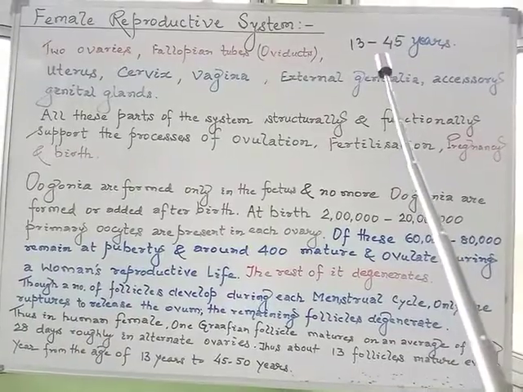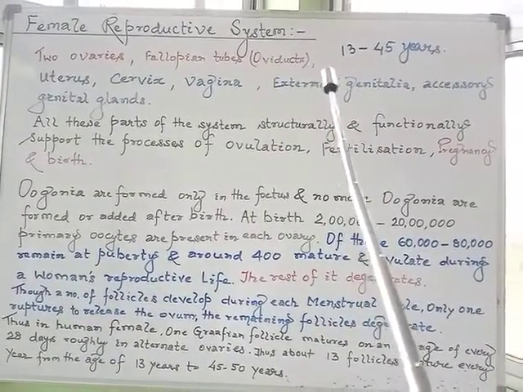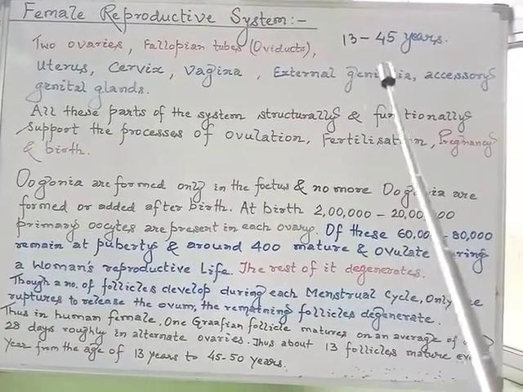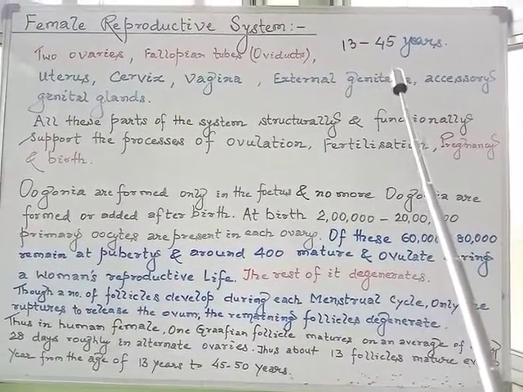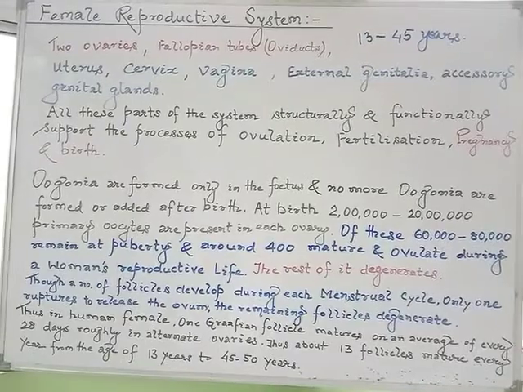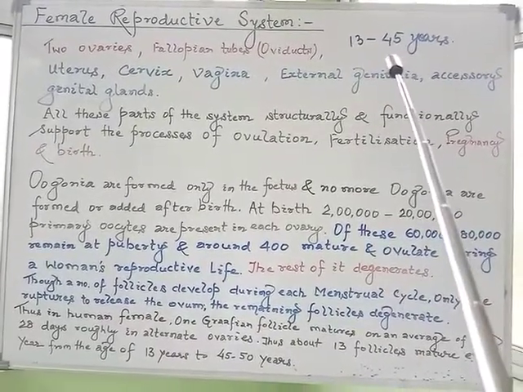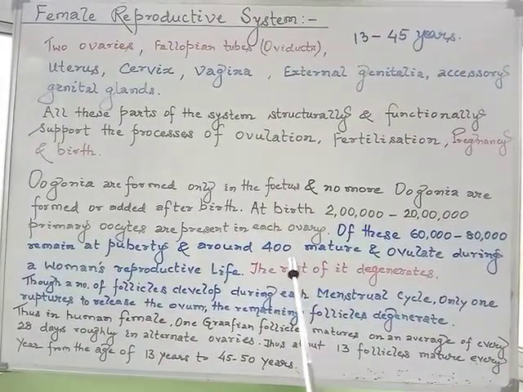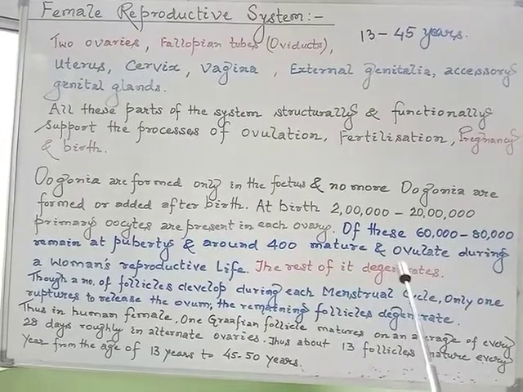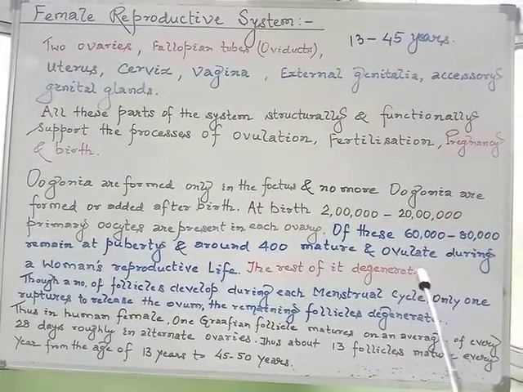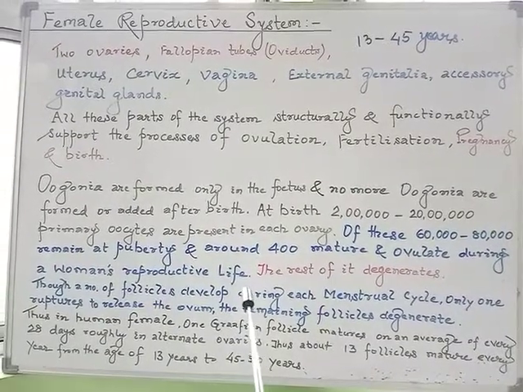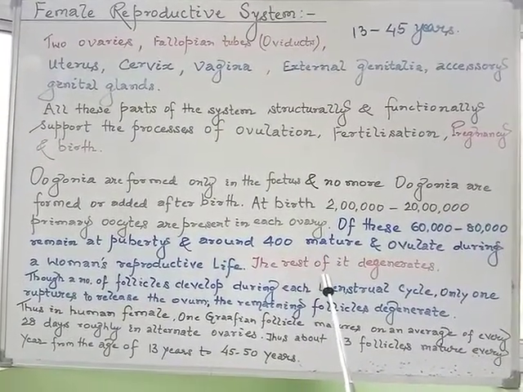So in the case of human female, the reproductive phase lasts for around 30 to 32 years. During this phase, around 400 mature ovums are ovulated during the reproductive life of the human female.